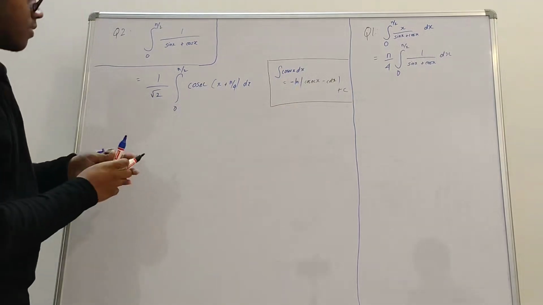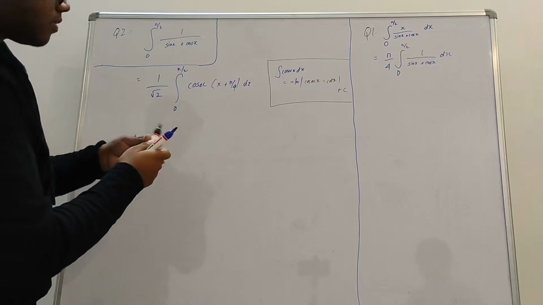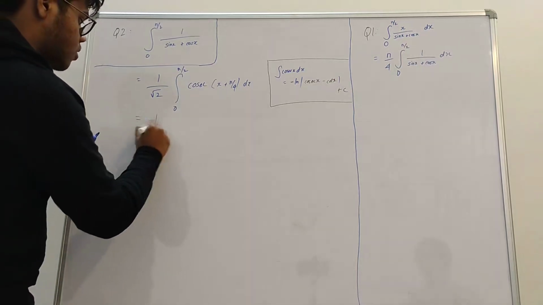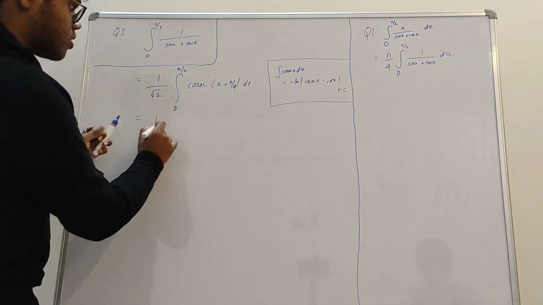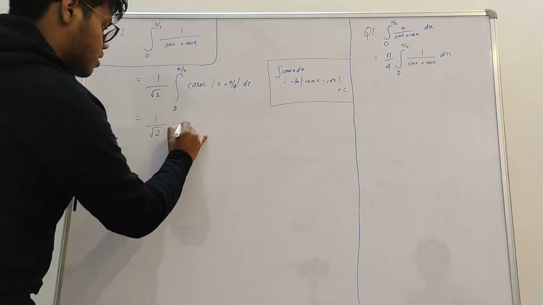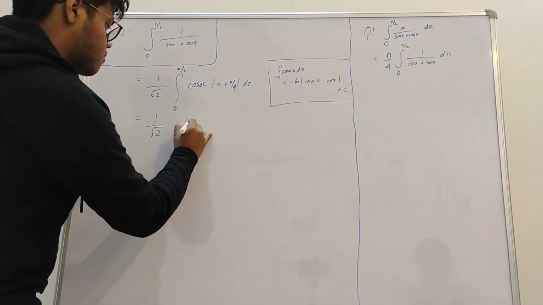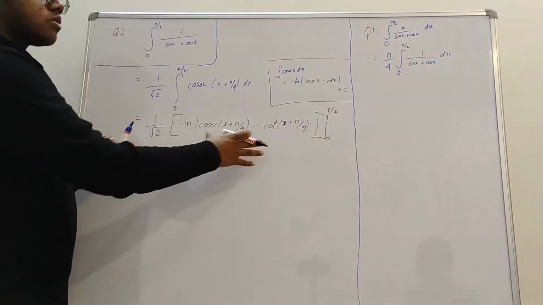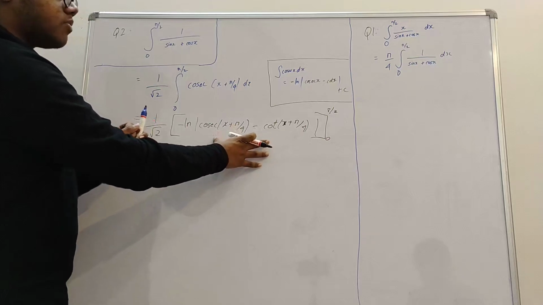So here we have to integrate this. Let's do it. So 1 by square root of 2 remains outside, and we have negative. So this is the expression we get.